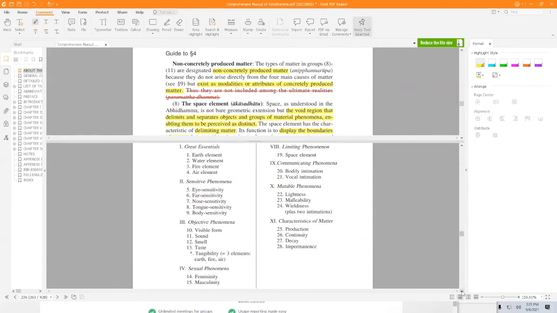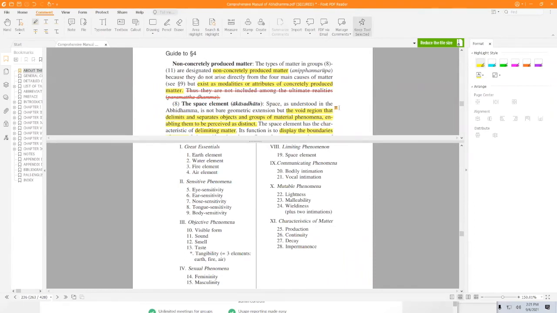Is there a discussion within the Theravada of the duration of a Dhamma in the stream? I know that does figure in later thought, but does it occur within? Oh yeah, that plays a very prominent role.